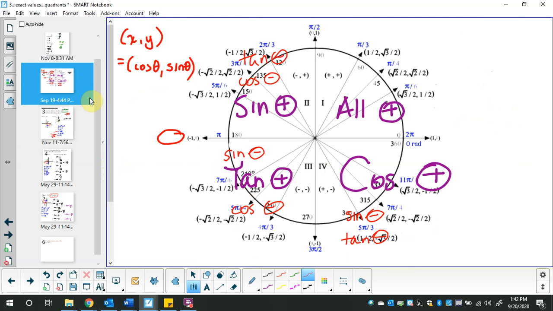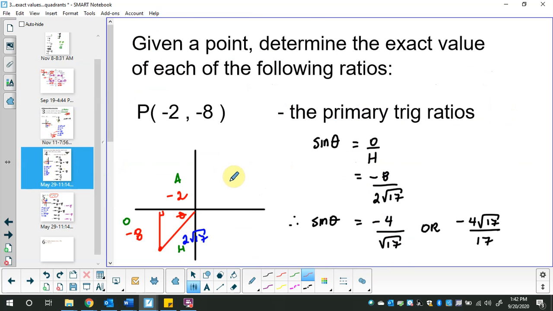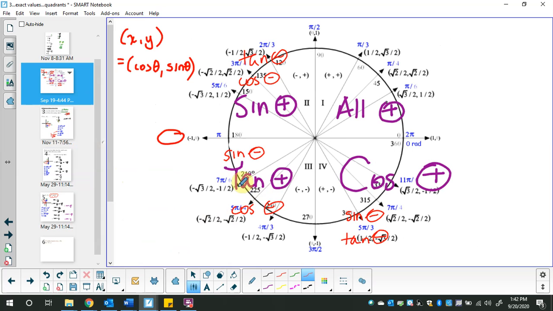Because it says right here, sine and its equivalent is negative. When I did this question, and I put you in quadrant 3, I'm expecting tan to be positive, or cotangent to be positive, and everything else to be negative.